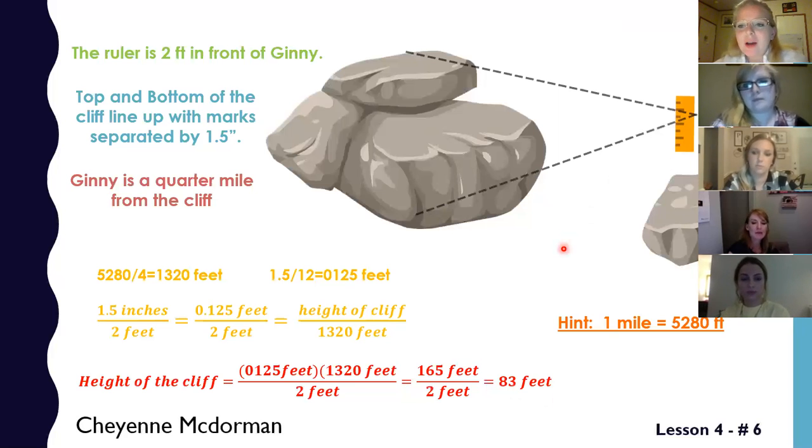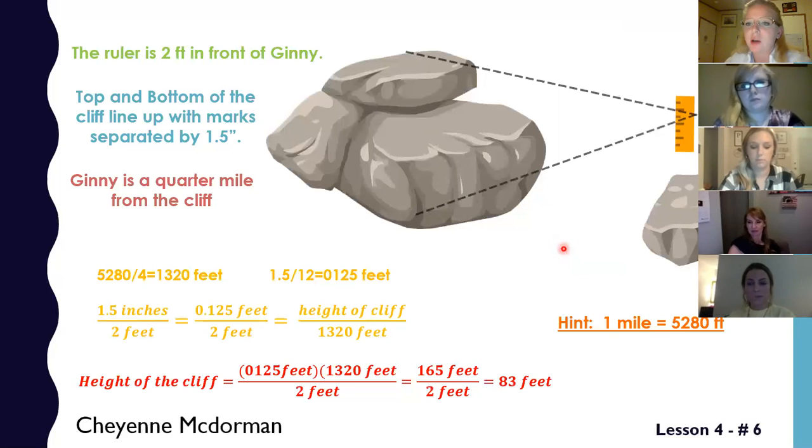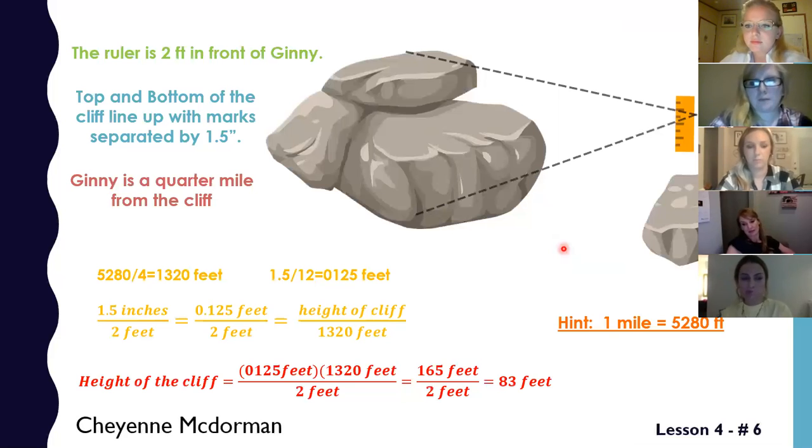Cheyenne, I have a question. Yes, ma'am. The reason you broke down everything, like the miles and the feet, was because you have to have the same common measurement to be able to do your multiplication in this problem, correct? Yes, because it would be hard to do with inches. When you're looking at a cliff, you don't want a measurement in inches, because that's a lot of inches.